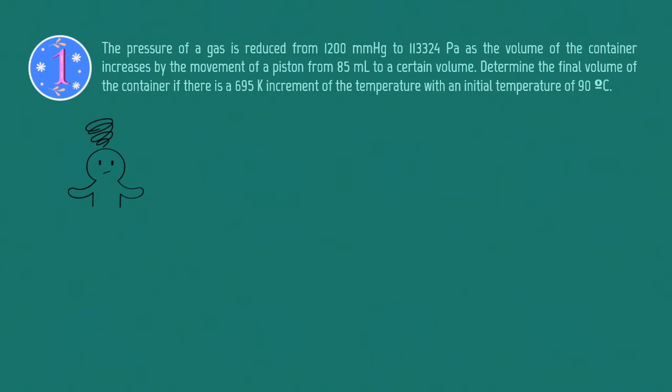So the first thing that you need to do is look at the unit that is given to you in the question. The unit of the pressure is given to you in mmHg and also in Pascal.